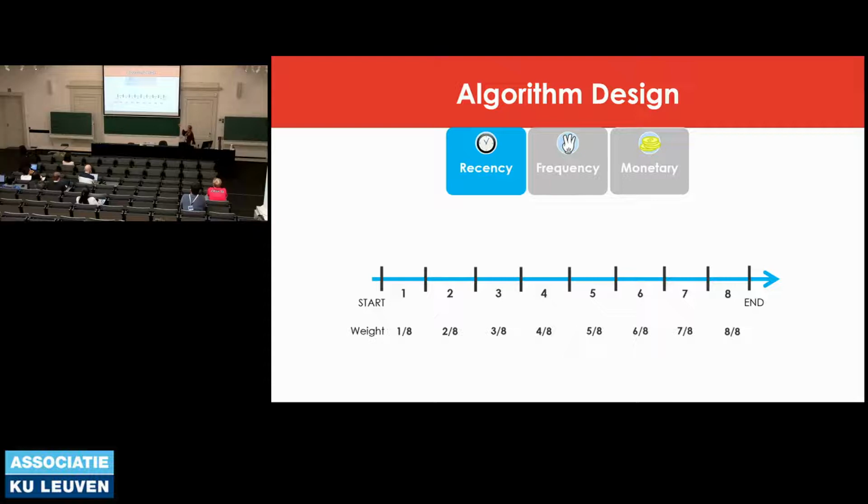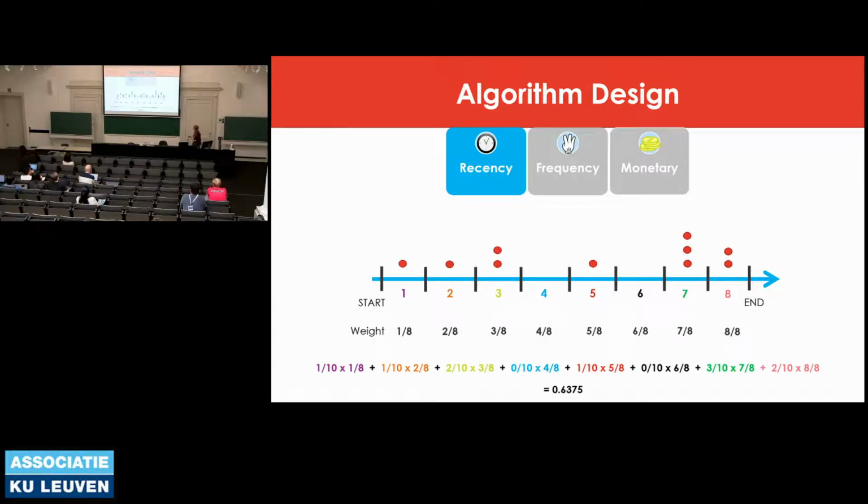Which means that the weight of the least recent is the smallest, and the most recent is closer to 1. So we then have a set of work sessions or collaboration sessions, and they all take place somewhere on this timeline. We get them back where they belong based on the median of the events in such a window. And then we can take a weighted sum. For example, we have 10 sessions on this timeline, 1 on 10 times the weight of the window, 1 on 8.